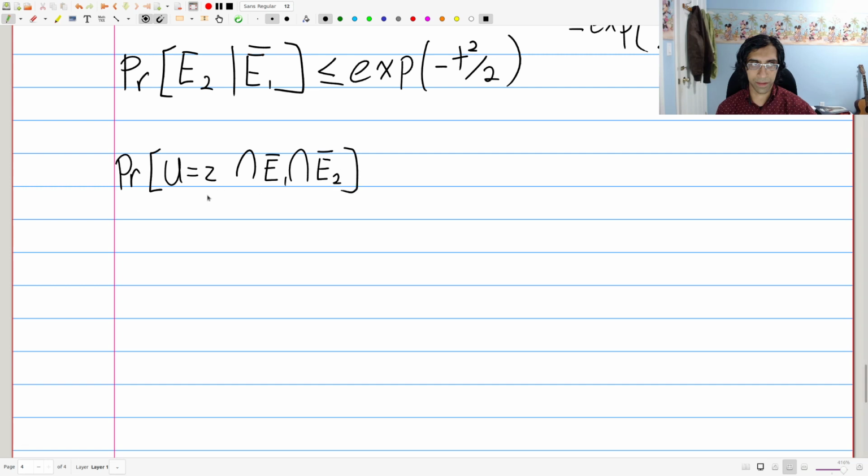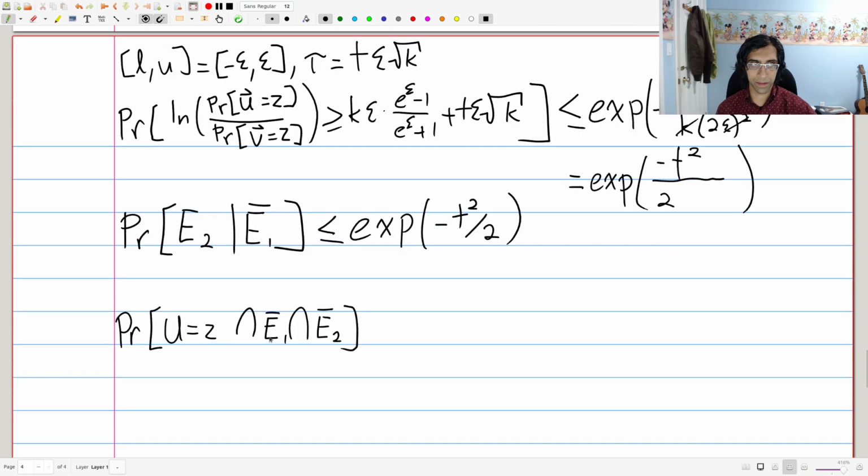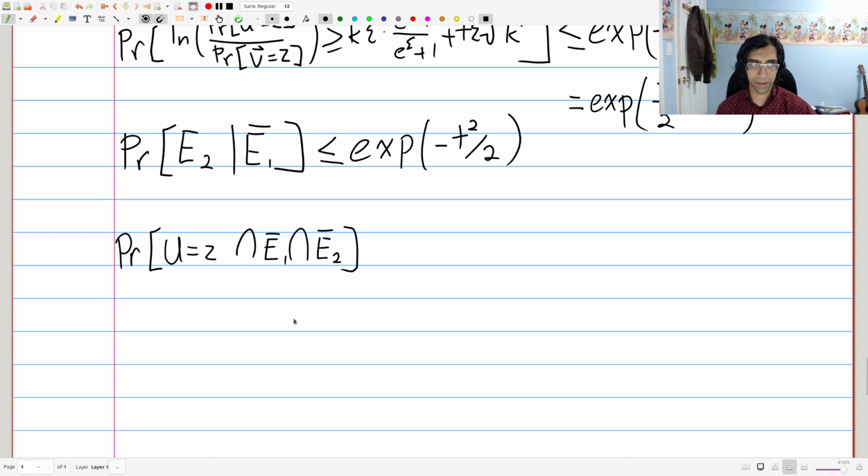This is saying, what is the probability that you have a set of outcomes for the random choices of the z's from u, such that first of all none of them say I am u, and also it's not too much bigger than its expectation.